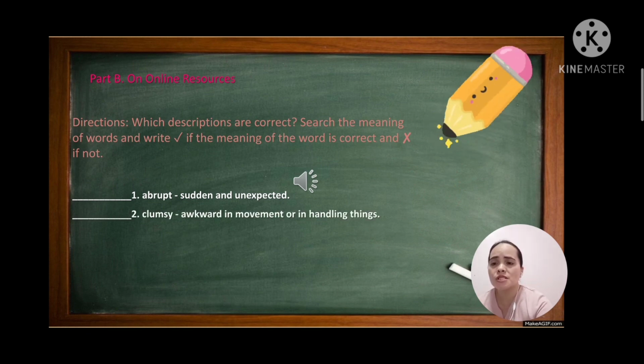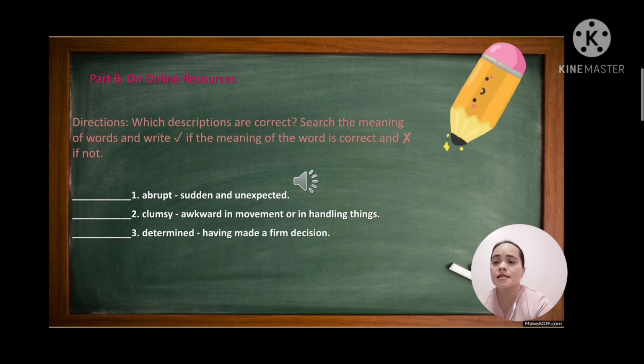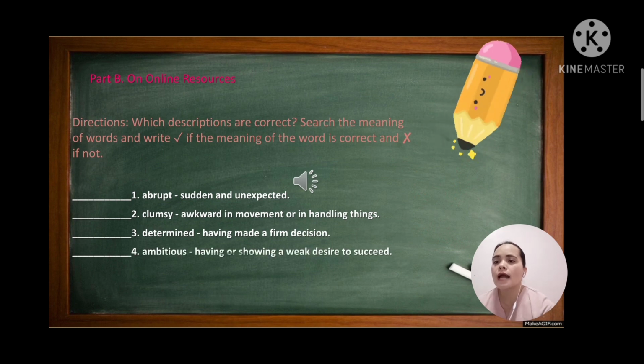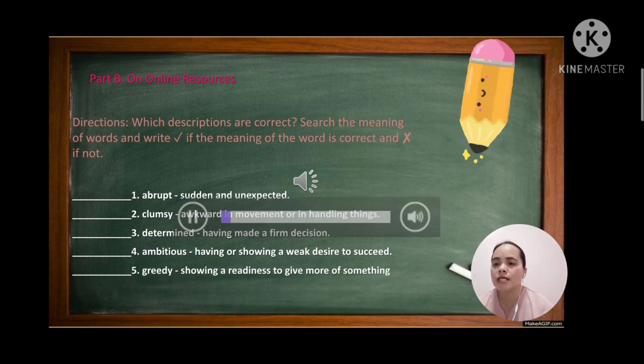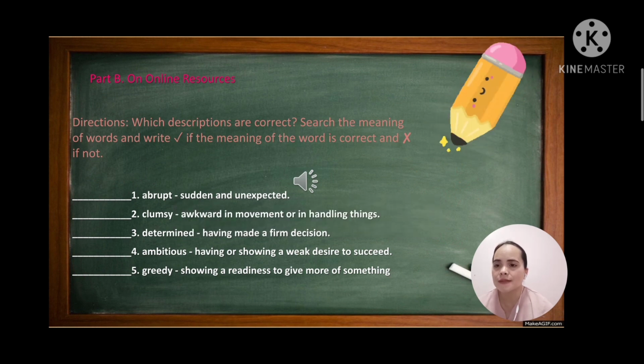Number 2, clumsy, awkward in movement or in handling things. Is it correct? 3, determined, having made a firm decision. Number 4, ambitious, having or showing a weak desire to succeed. And then number 5, greedy, showing greediness to give more of something.